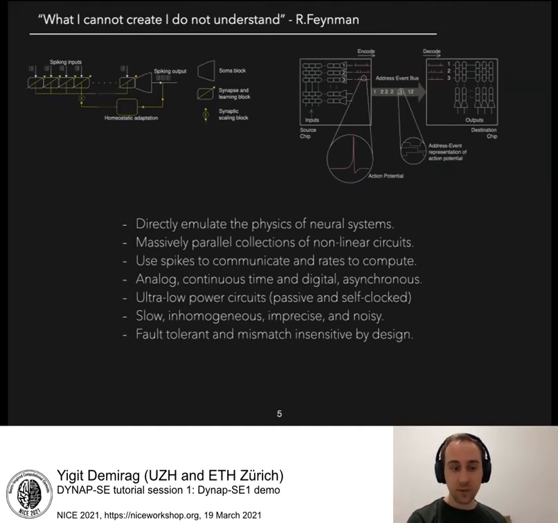The types of chips that we are building use subthreshold analog circuits because this subthreshold regime can reproduce the biophysics of real neurons. This is simply because the mechanism of carrier transport in transistors is diffusion, and we get Boltzmann statistics because of that.